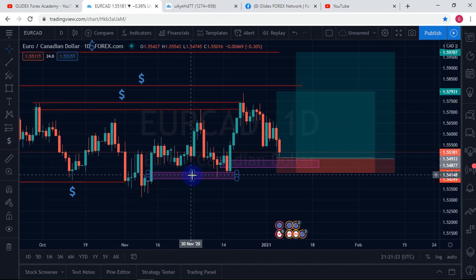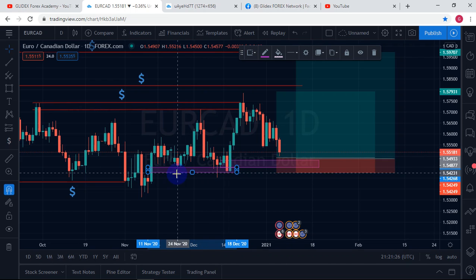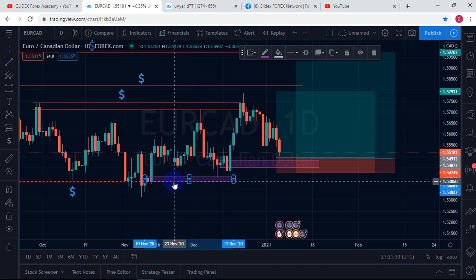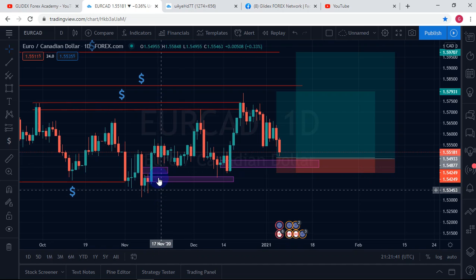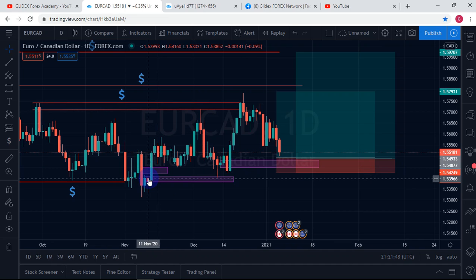Let me just do this. Okay, good. So between here and here, inside this box is an imbalance, between this last bearish candle and this candlestick, which are weak right here.